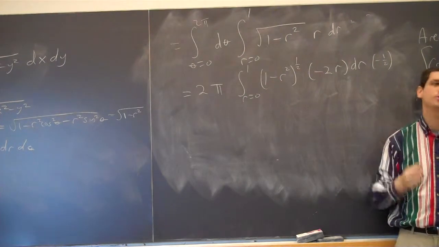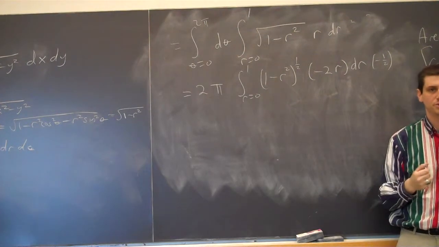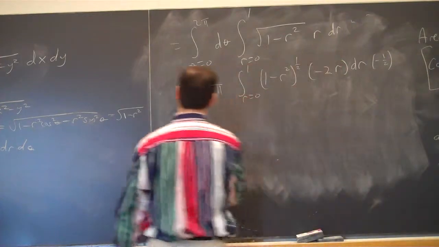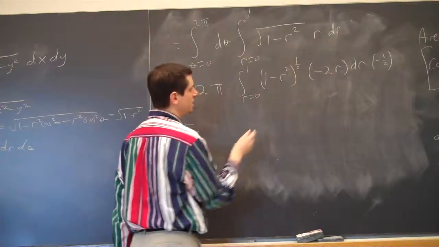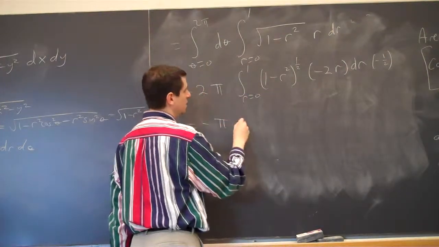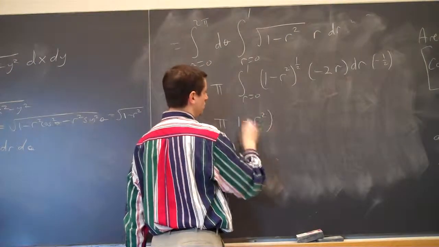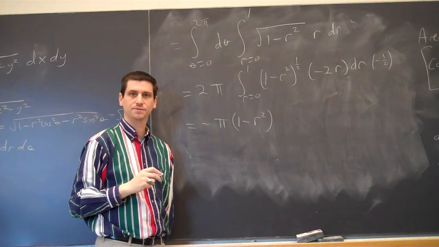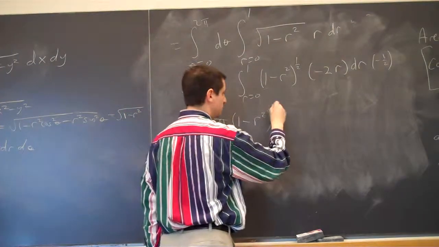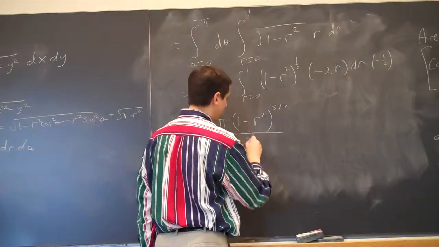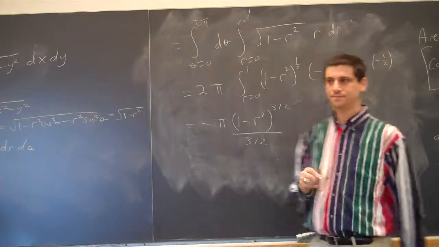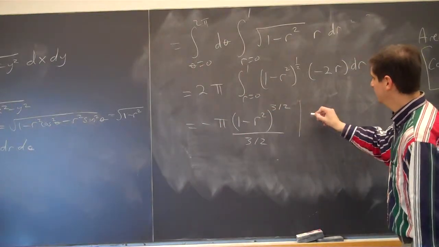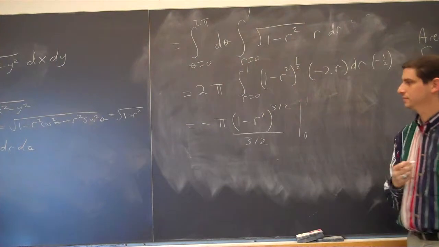Or if you want, you could do u substitution and do it slowly. I'm just setting myself up, so now I get 2 pi times negative a half is negative pi, and I get 1 minus r squared to what power? 3 halves. And then I have to divide by 3 halves. And I evaluate it at 0 and 1.